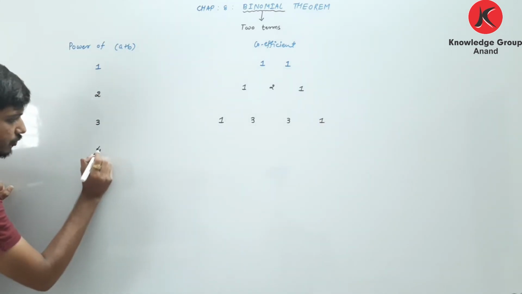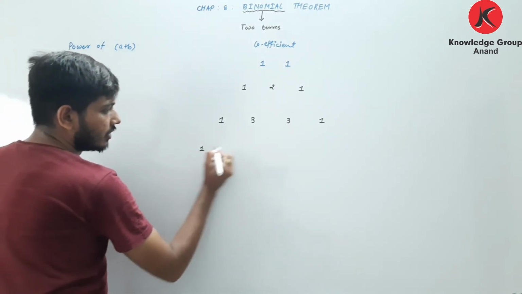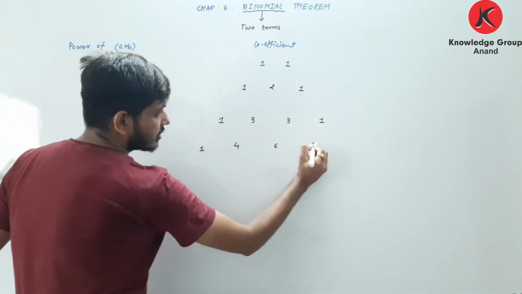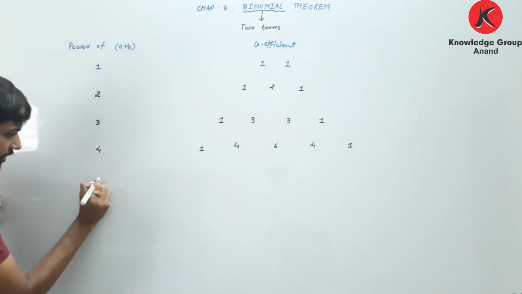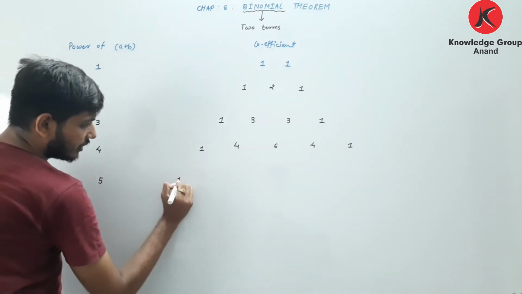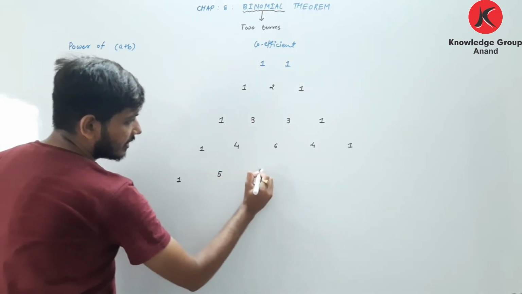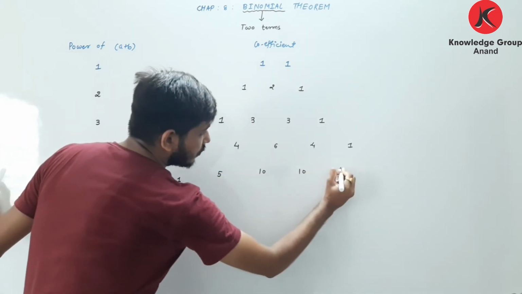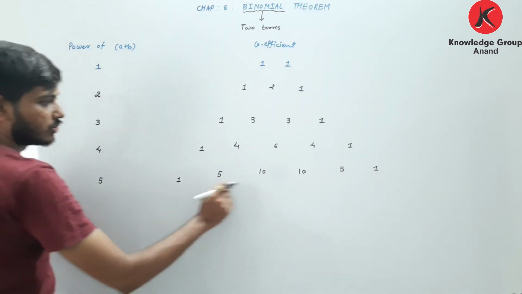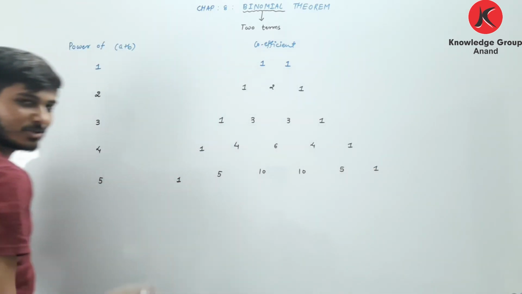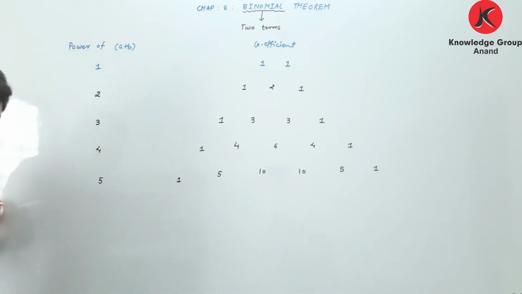Next, power 4: 1 4 6 4 1. I am only writing down the coefficients. Next, power 5: 1 5 10 10 5 1. The total number of terms is 1 2 3 4 5 and 6, so 6 coefficients are written here.